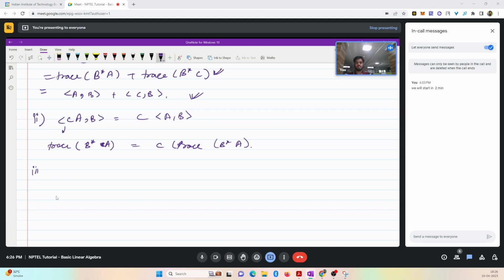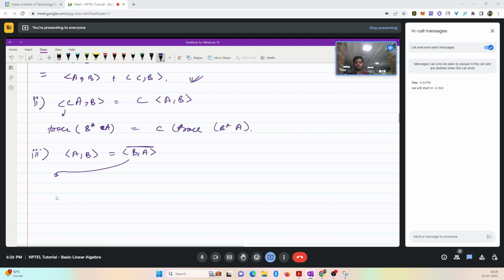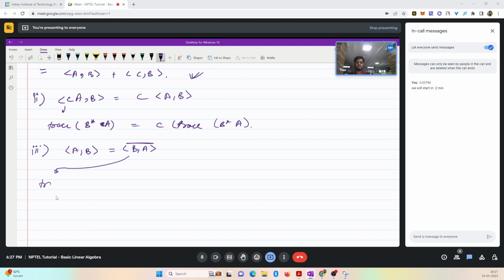Now the third one is that <A, B> is equal to the conjugate of <B, A>. Okay, let's start from this. So this is trace of A transpose B. Okay, so we just want to write this thing in terms of matrix multiplication.